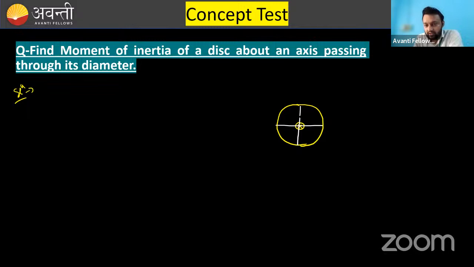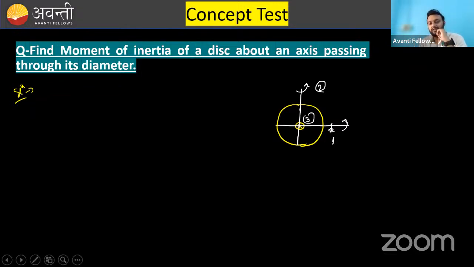So let's identify the axes which are in the plane of the body. Can you say that this is in the plane of the body? So let's suppose this is the first axis. This is also in the plane of the body. This is the second axis. And the third axis, the original axis, is perpendicular to the plane.